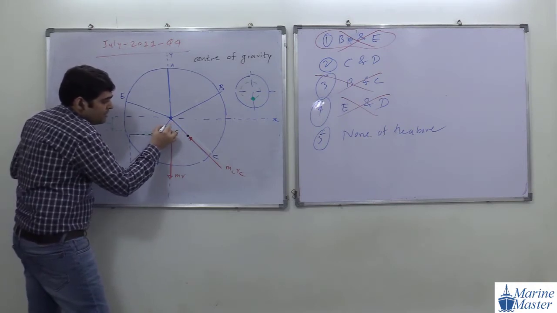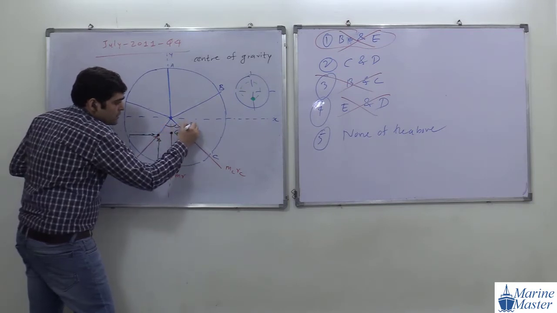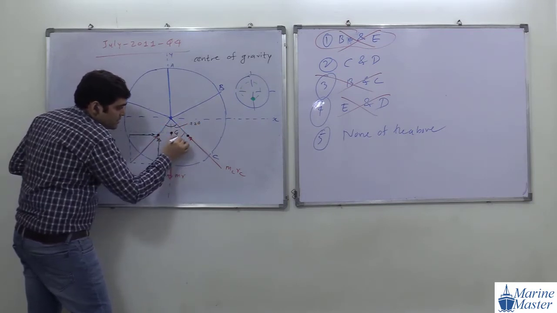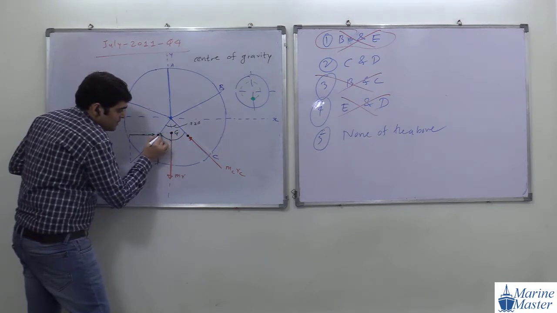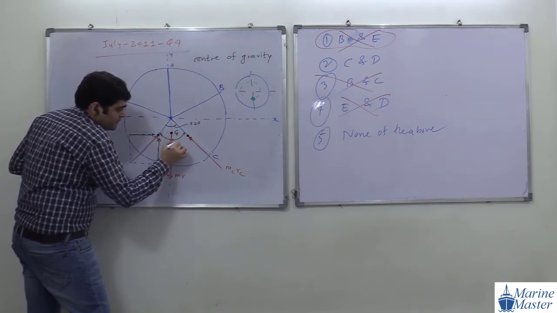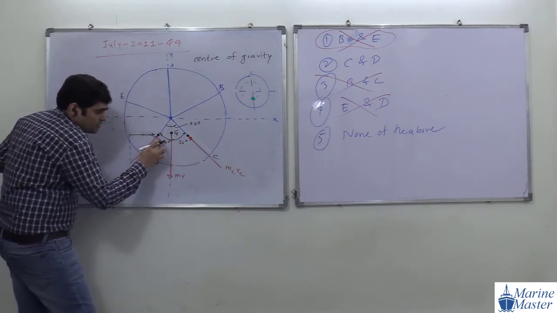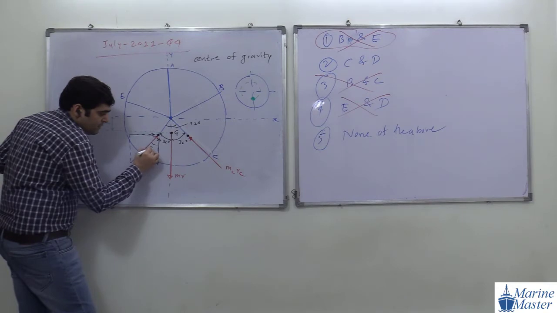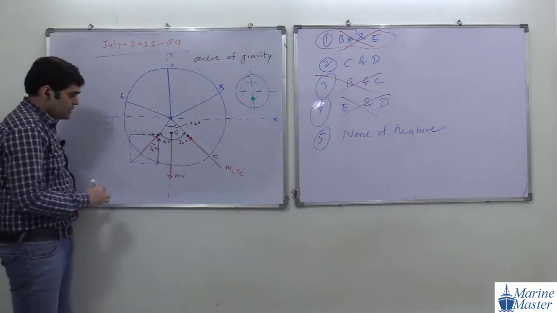This complete entire angle will be 72 degrees. So what about this half angle? 36 degrees. Yes, so that will be 36. Then this angle will be what, guys? 36 degrees. Okay.